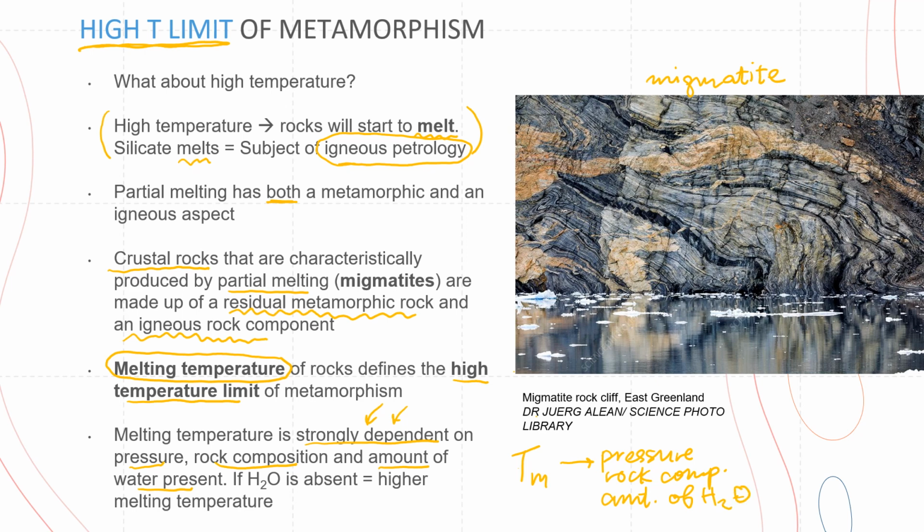So if water is absent, so no water, it will have a higher melting temperature. If it has water, then it will have a lower melting temperature.